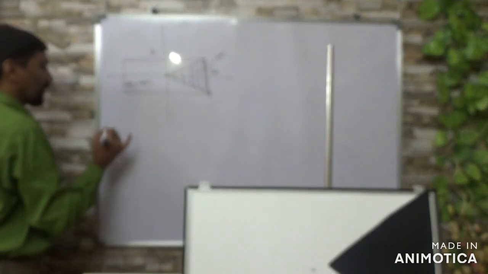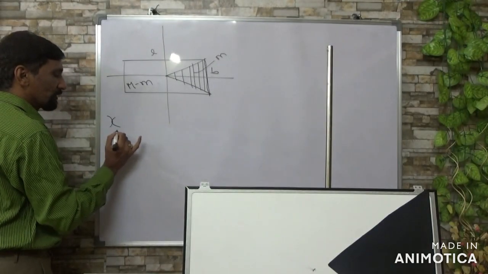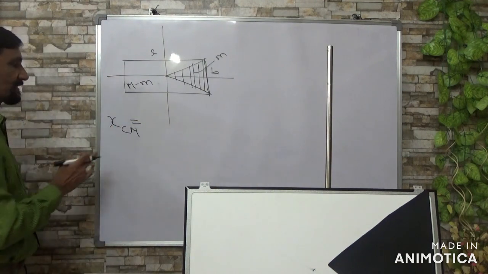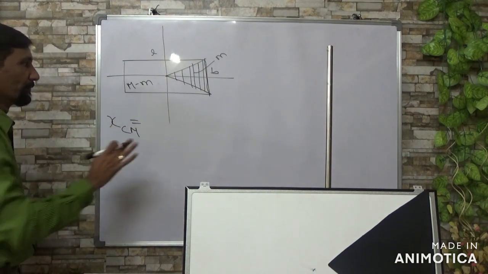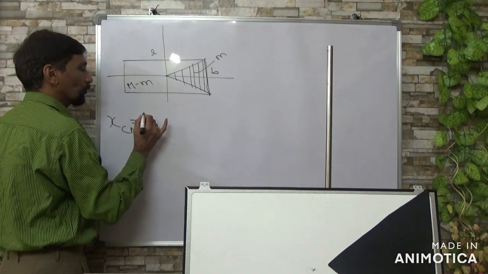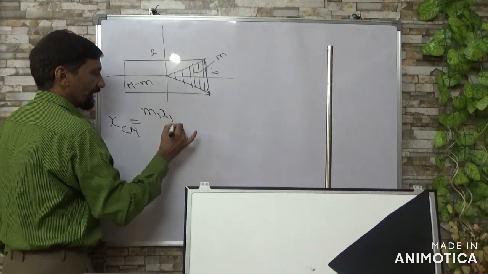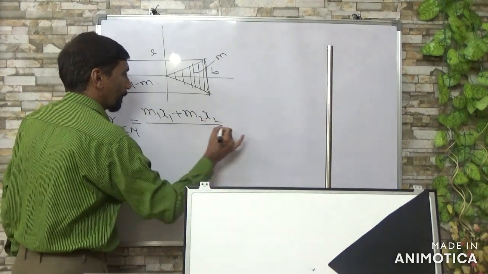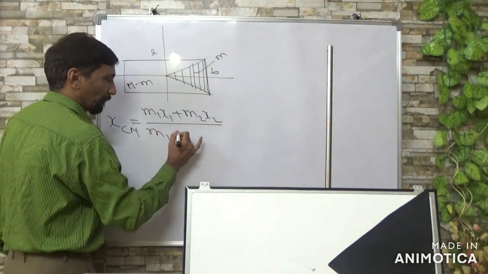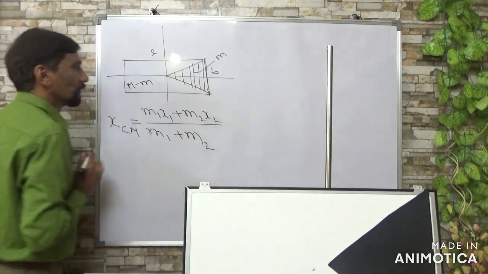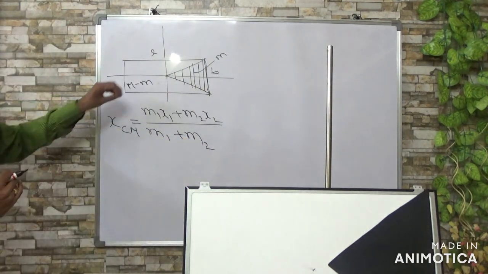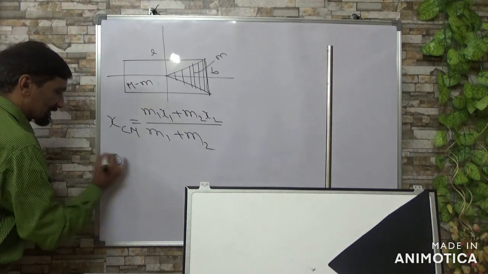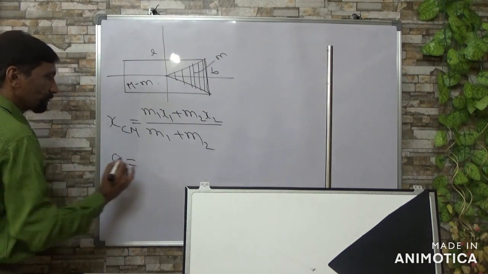Now, the formula which we use to find the coordinates of center of mass, that is XCM, right, is equal to M1 X1 plus M2 X2 by M1 plus M2. So the coordinate of center of mass is 0 now, as earlier it is at the center. So XCM is taken as 0.